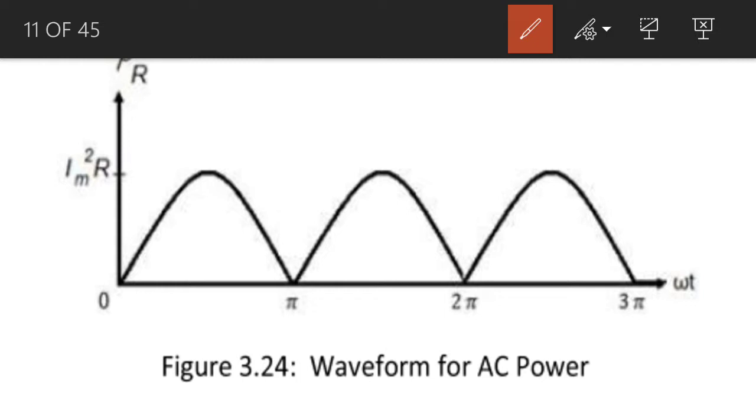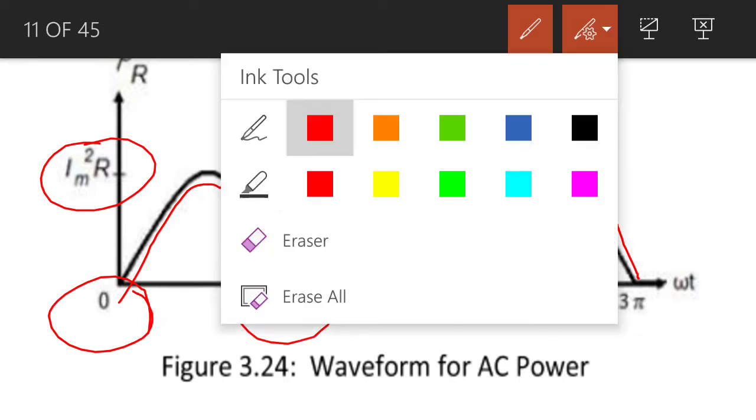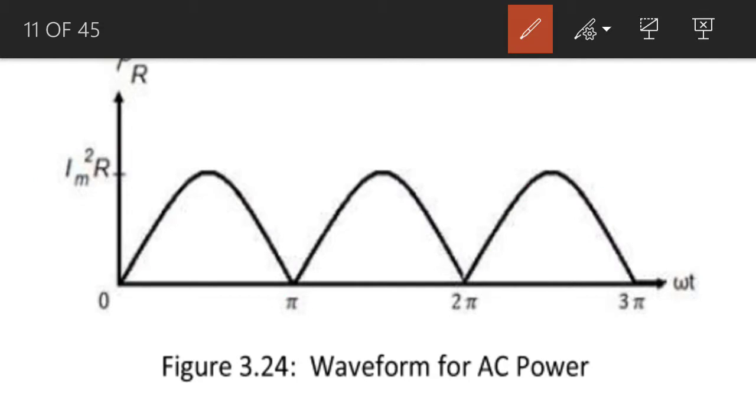You see here is the peak value of the AC power, and this is how the power varies with respect to time. So one complete cycle of this AC power is from 0 to pi radian. So we want to compute the average value of this power.